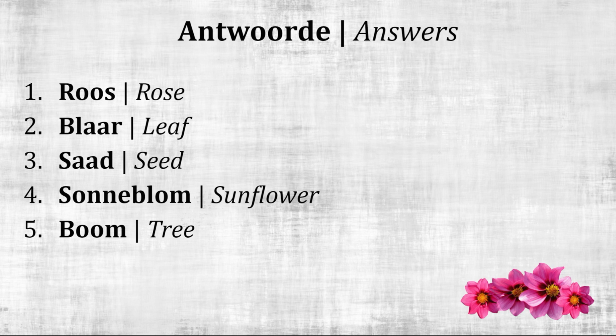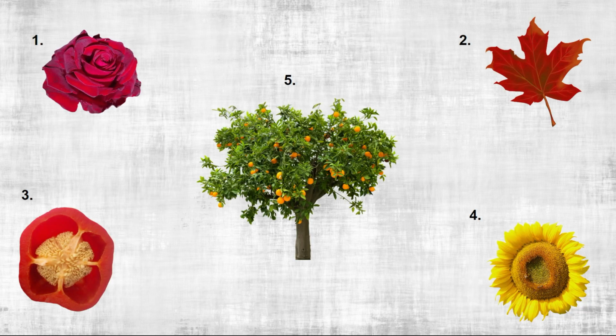So for number 3, let's go back. Can you remember what this vegetable is called? Yes, it is called a soetrussie, bell pepper. And can you remember what the fruit of number 5 is called?